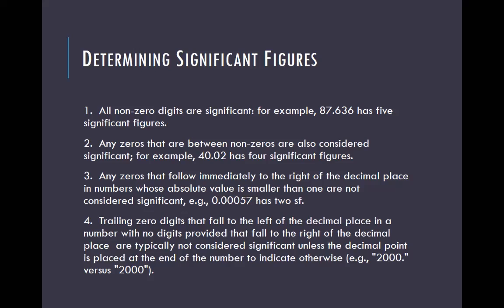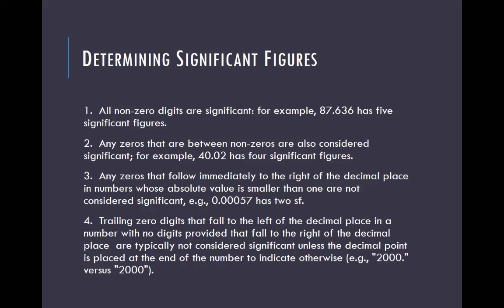Rule 4: trailing zeros that fall to the left of the decimal place in a number with no digits to the right of the decimal place are not considered significant unless the decimal point is clearly put in. So if I write 2000 with a decimal, those 3 zeros are significant. But if I write 2000 without the decimal, those 3 zeros are not significant.